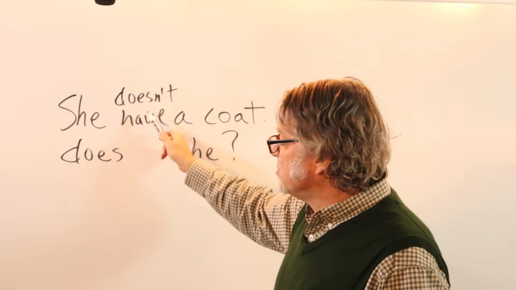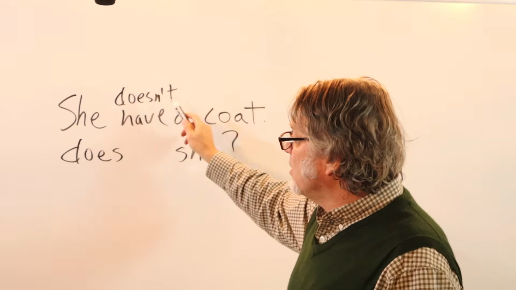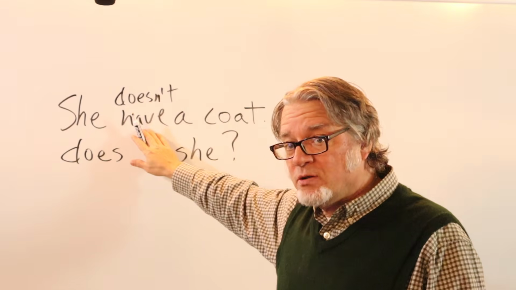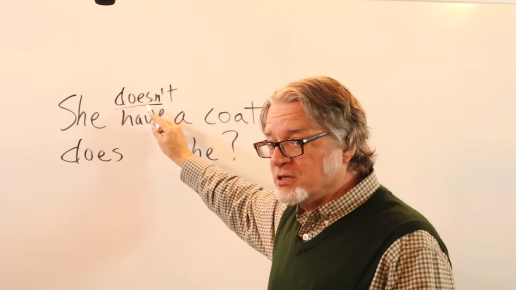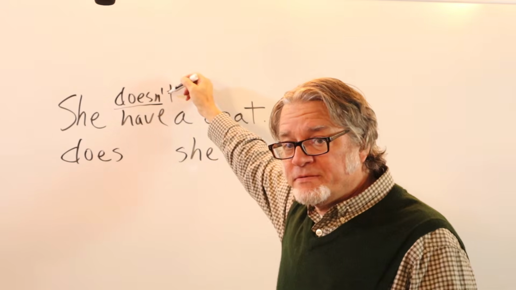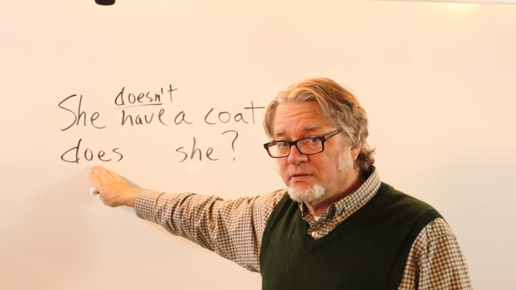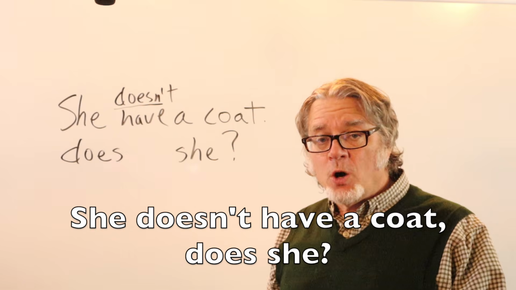It's easier to make the choice for the tag question when the first part of the sentence has the helping verb in it already. So here we can see this is the helping verb and it's negative, but in this part of the sentence it's not negative and it matches the subject. She doesn't have a coat, does she?